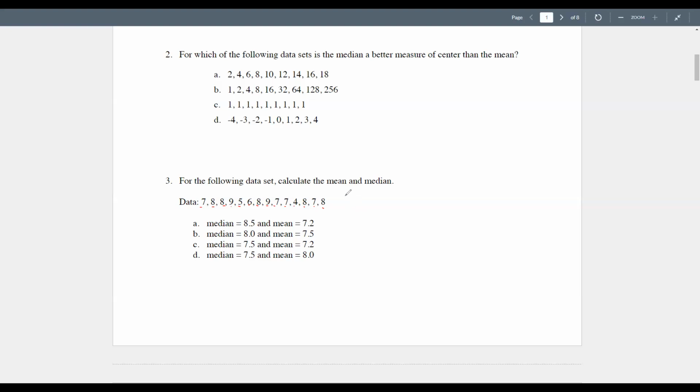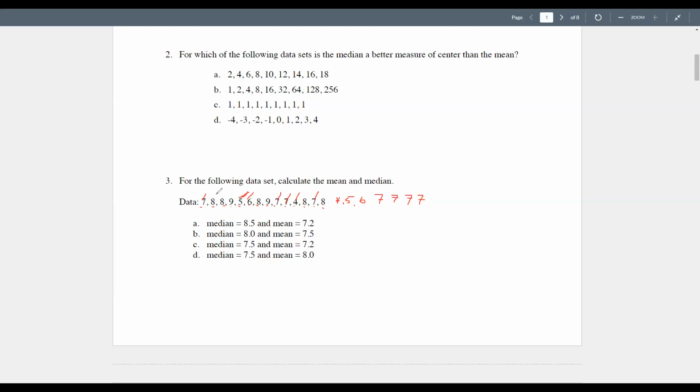Okay, now first of all, we need to line them up first. That'll be 5, 6, 5, 6. Okay. I'm sorry, we got 4 also. 4, 5, 6. Okay. Then we got 7, 7, 7, 7, and another 7.